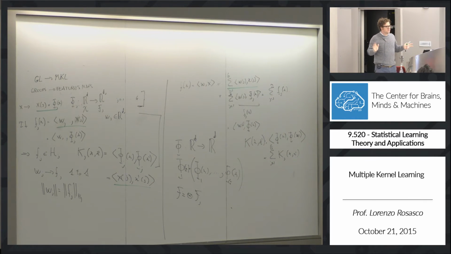This is just a generalization of group lasso, where instead of getting groups, I define feature maps. So instead of defining groups, I have a feature 1, a feature 2, a feature 3. I have G feature maps rather than 1. And I want to, in some sense, combine them. Okay? And I want to try to select feature maps now, instead of selecting groups.